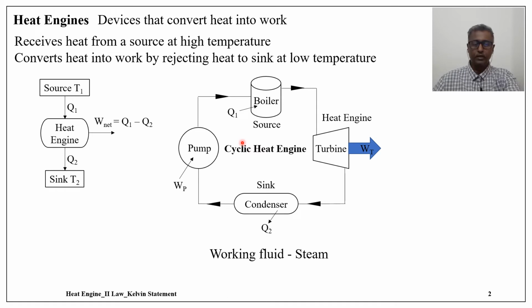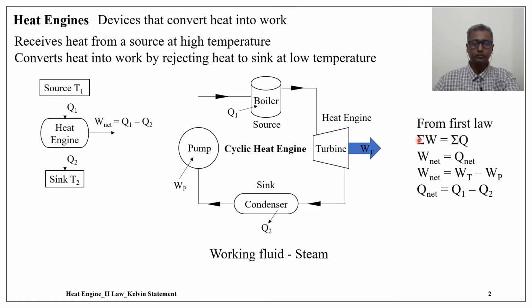And for the first law of thermodynamics, we know sigma W equals sigma Q. W is the work transfer, Q is the heat transfer, and W net is equal to Q net. What is this W net? W net is equal to W_T minus W_P. W_T is the work delivered by the turbine.